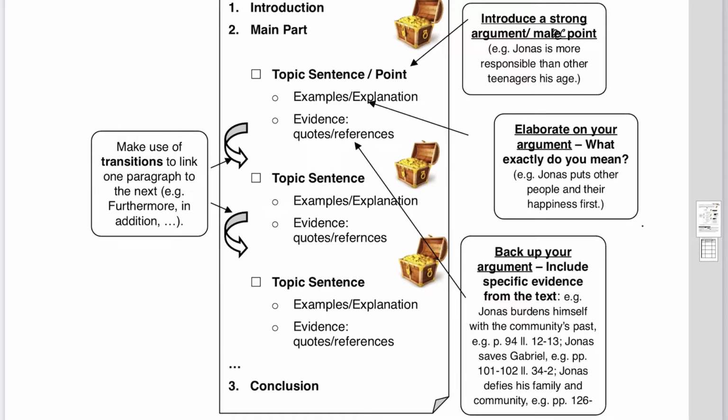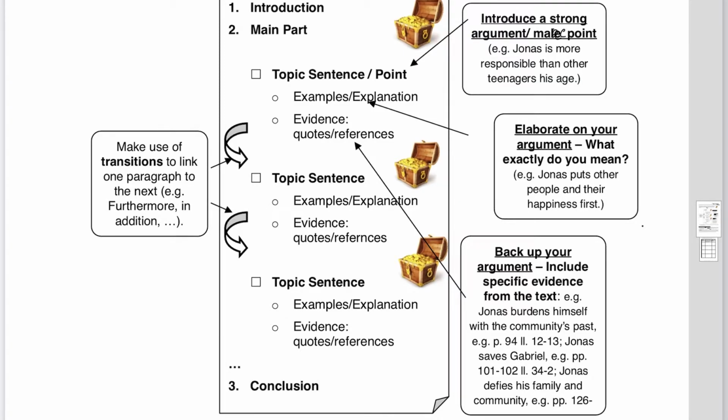And here are some more examples given. Jonas saves Gabriel, for example, page 101, 102, line 34 to 2 on the next page. Yeah, you can read that Jonas saves Gabriel. And yeah, this is how you can go on with different examples.